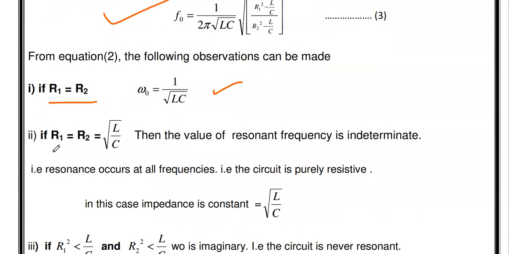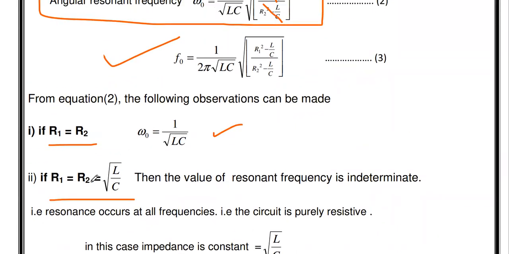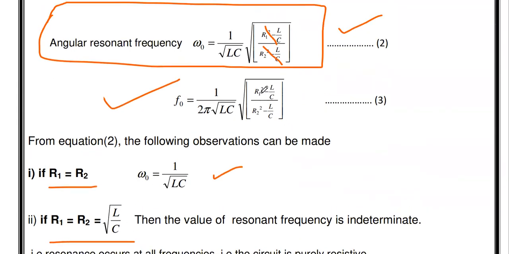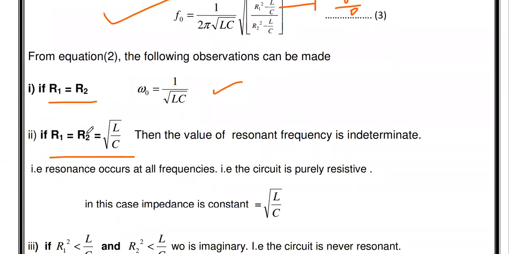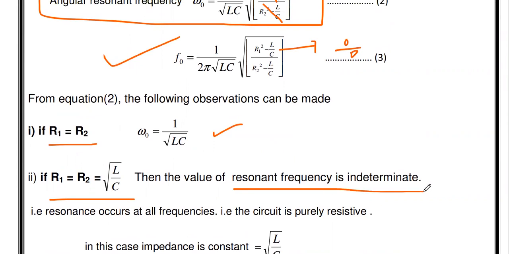But if the resistance values R1 and R2 are both equal to square root of L by C, then R1 squared minus L by C is 0, divided by R2 squared minus L by C, which is also 0. So it is 0 by 0, which is indeterminate. Whenever R1 and R2 become square root of L by C, the resonant frequency F naught becomes indeterminate.